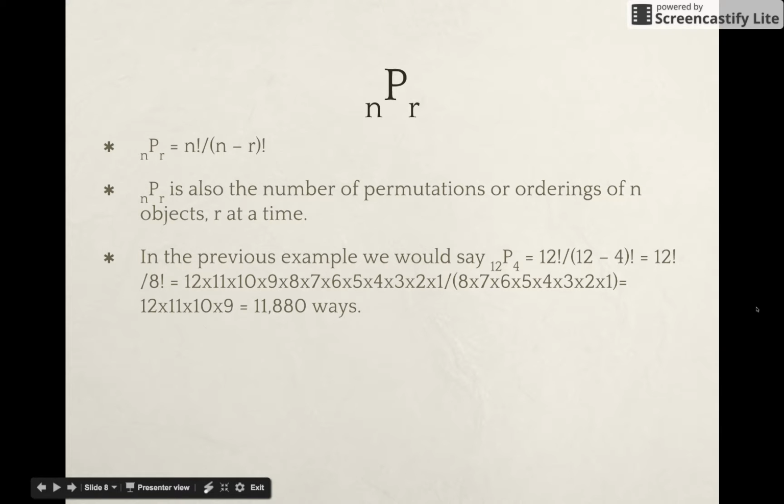We will note that we were able to solve that problem using the fundamental counting principle. So in a lot of our problems, the formula here is not a must, but it is handy to have. So looking at the previous example, we would have 12 objects arranged 4 at a time. Using the formula would be 12 factorial over 12 minus 4 factorial, which is 12 factorial over 8 factorial, and then executing the commands of factorial and dividing common factors, we still get 11,880 ways.